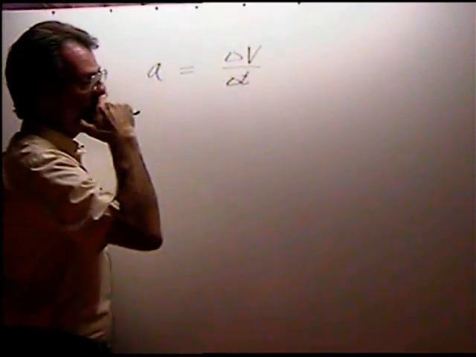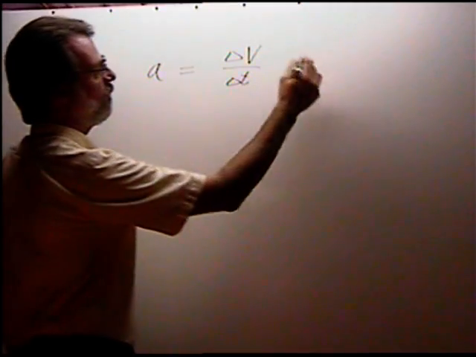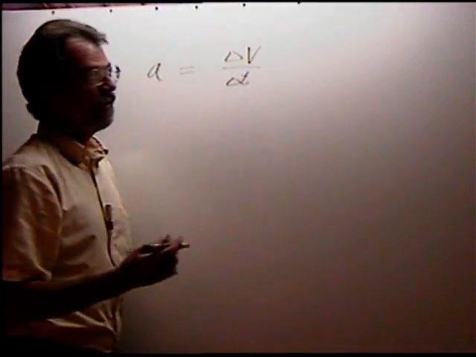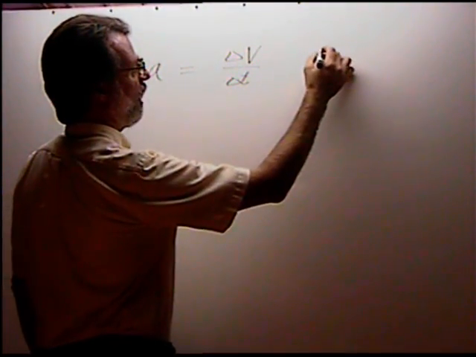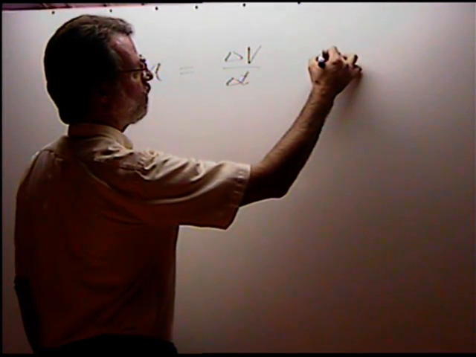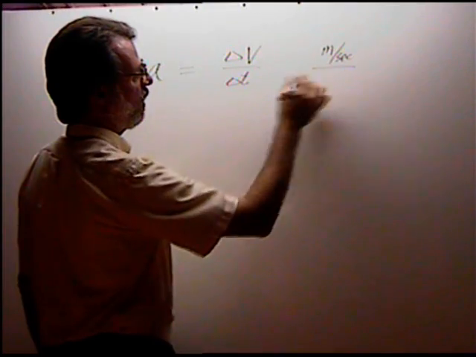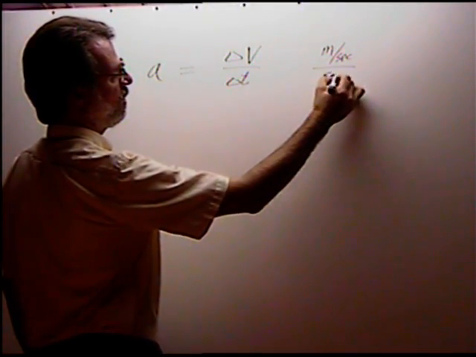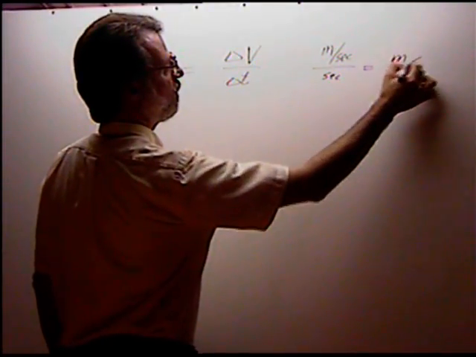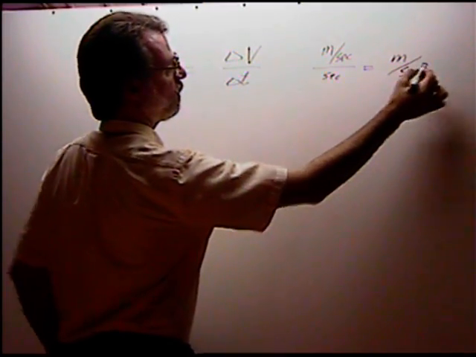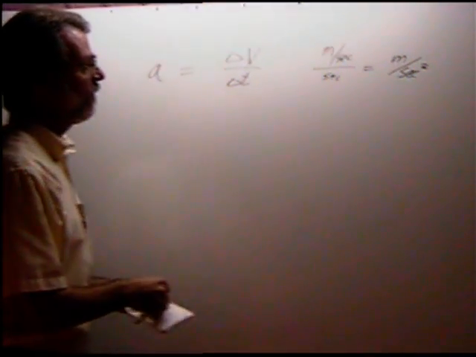Now, you'll remember, just for review, that if we're in the metric system, the units of velocity will be in meters per second, divided by time in seconds. So that gives us meters per second squared.